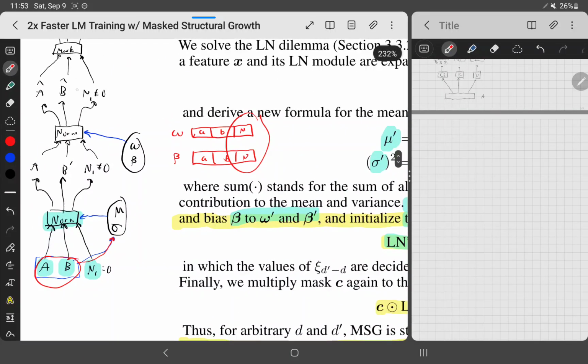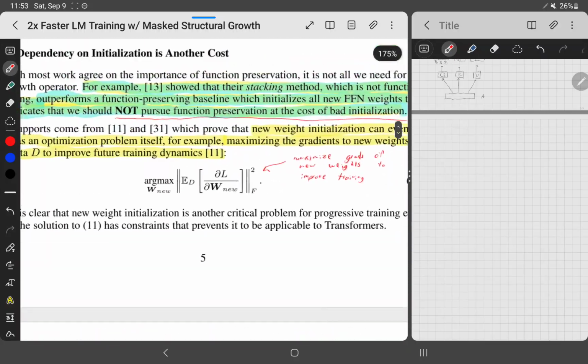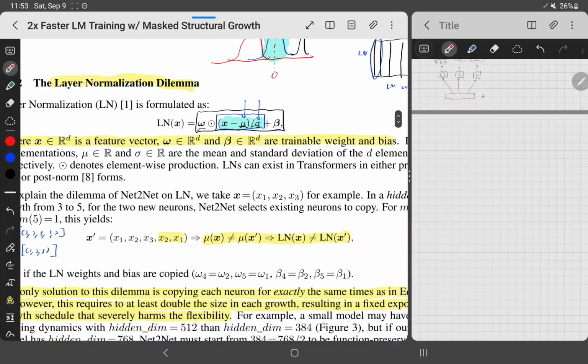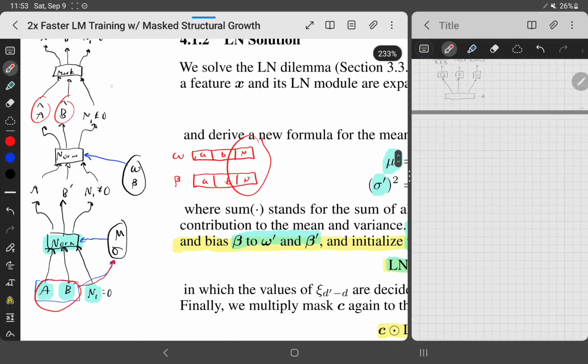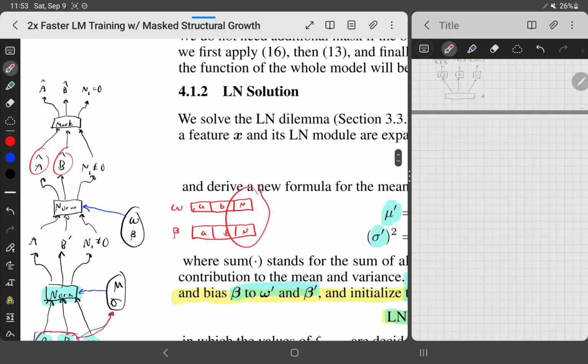And in this case, your A hat and your B hat, which is me showing what happens after the second normalization. The second normalization comes from this part up here, multiplying by this weight and adding this weight, so just normal layer norm behavior. Then you add this new weight here, which is randomly initialized to some arbitrary value.